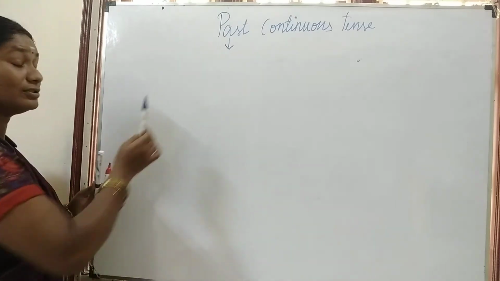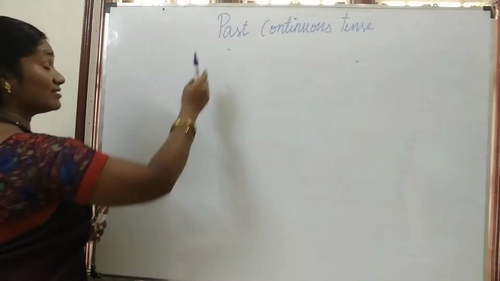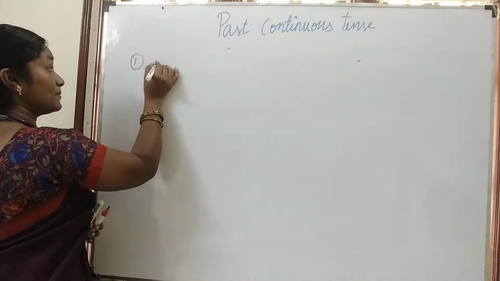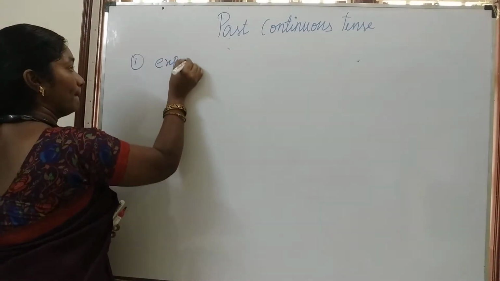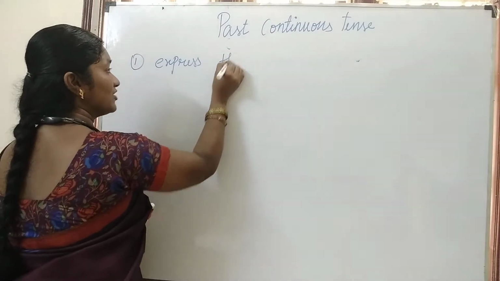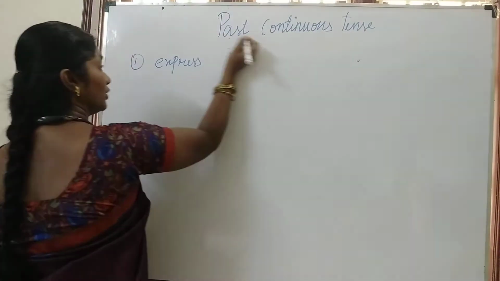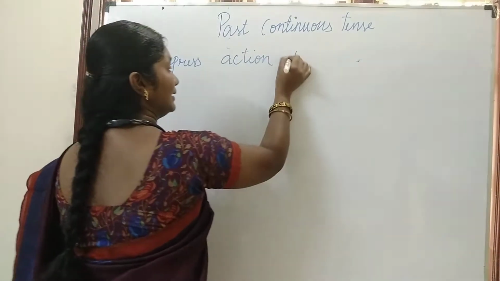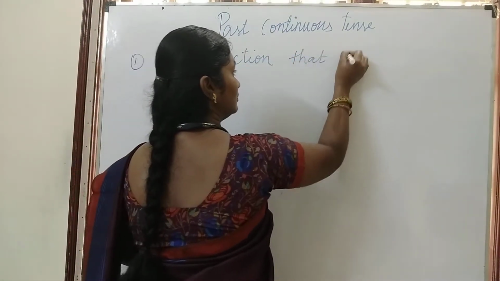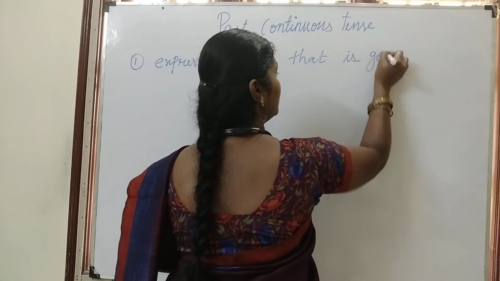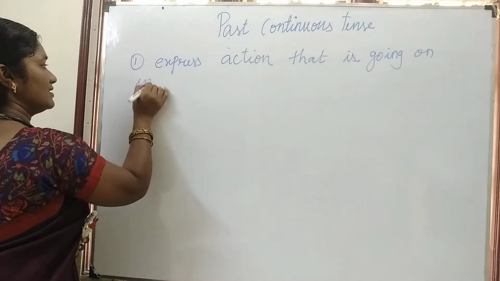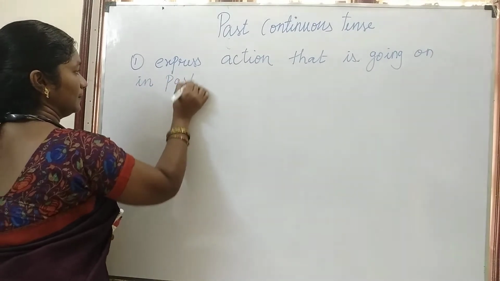The first rule for using past continuous tense is to express the action that is going on in the past. So it is the first step.